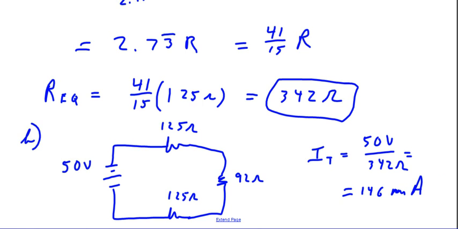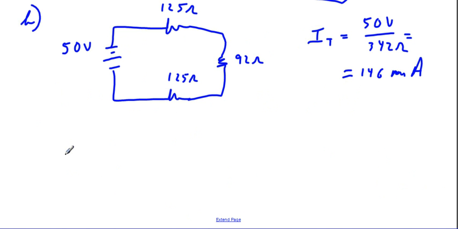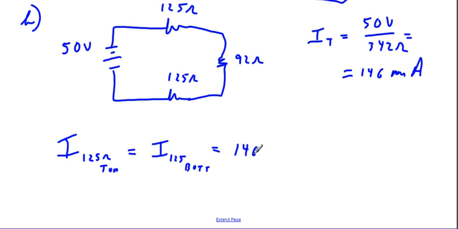Okay, well, that being the case, the current through the 125 ohm resistor on the top is going to be equal to the current through the 125 ohm resistor on the bottom, which has to equal 146 milliamps.